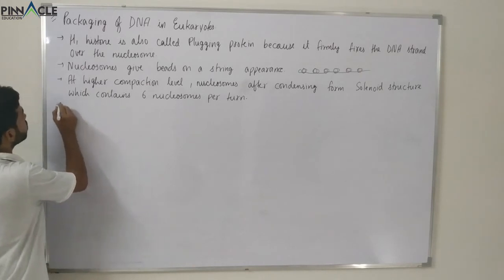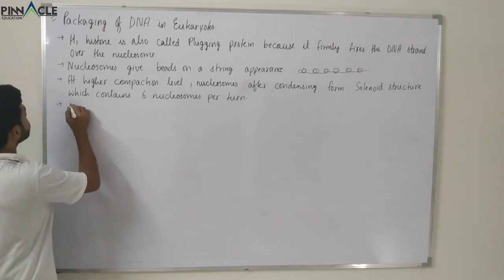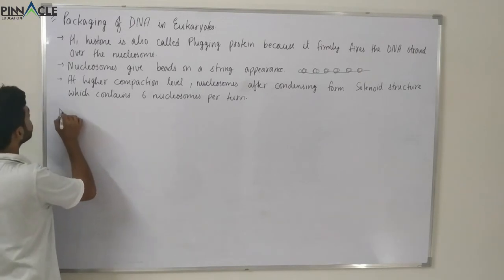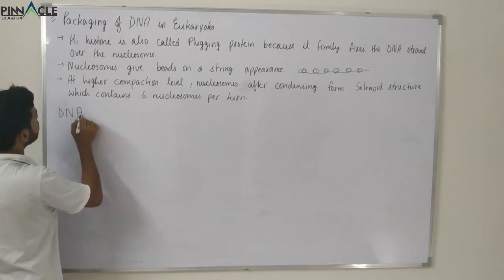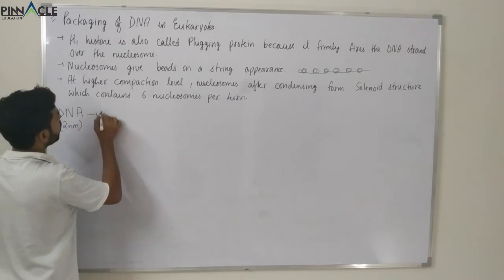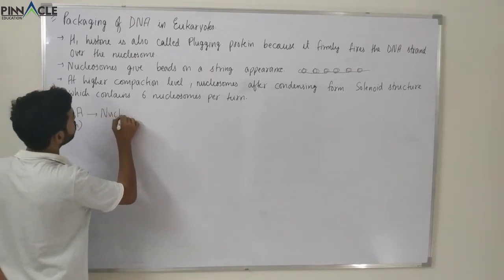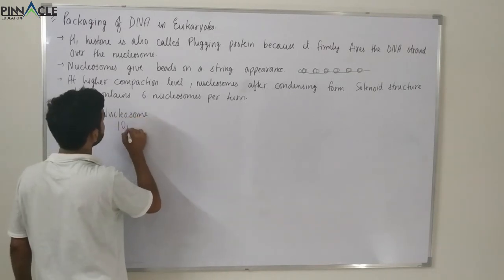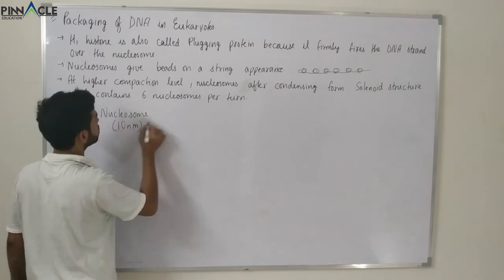So we will study the further compaction. The compaction starts from DNA. DNA is approximately 2 nanometer. Then we have the nucleosome. Nucleosome is 10 nanometer in thickness.